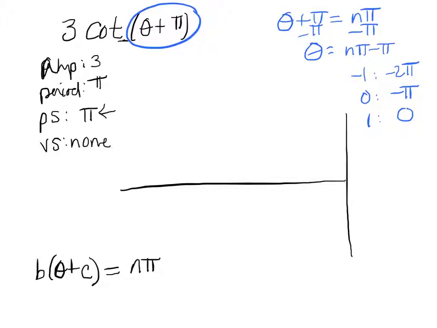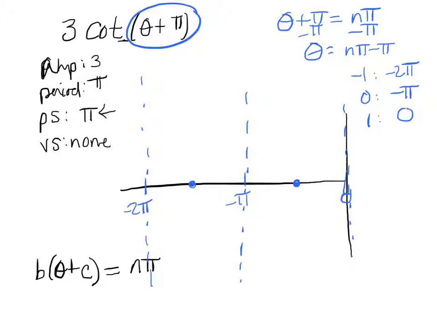So now I'm going to have asymptotes at 0, so there's going to be an asymptote there, at negative pi, an asymptote there, and at -2 pi, and an asymptote there. Alright, now let's see here, halfway in between I'm going to have where I hit the axis.